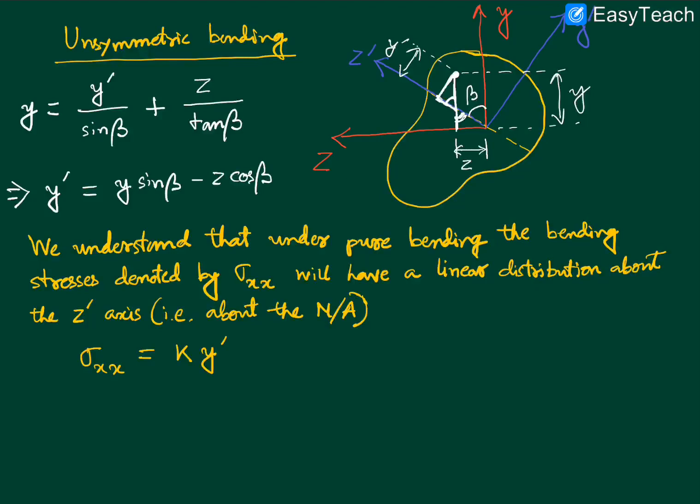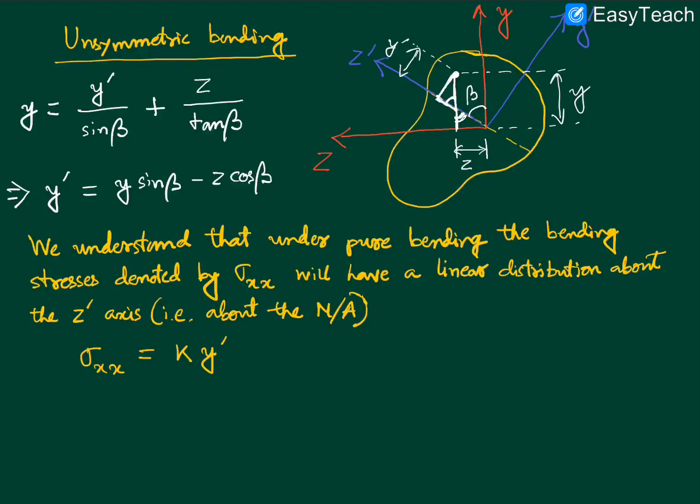But it is quite meaningless to talk about the bending stresses without first clearly denoting what the pure bending is. So we'll denote the pure bending in terms of a bending moment.